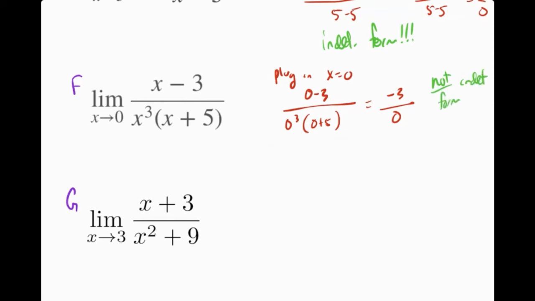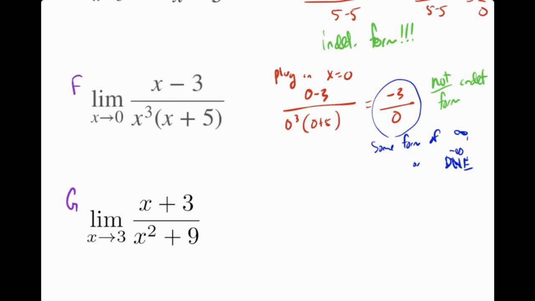Instead, this is going to be some form of infinity, minus infinity, or does not exist. So make sure that we've got 0 in both locations, not just in the denominator. If you only have 0 in the denominator, then it's going to be infinity, minus infinity, or does not exist. We know it's going to be one of those three things.